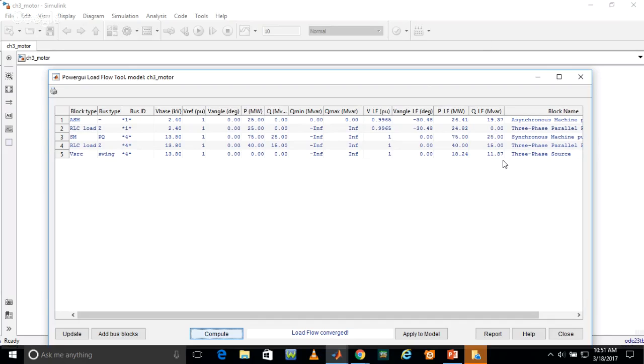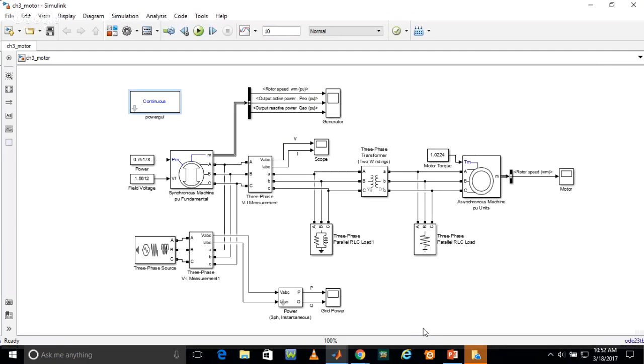If you add up, it will come out to be the amount of reactive power needed by the asynchronous motor as well as by the RLC load. Then, after computing, apply it to the model and run the whole system again.